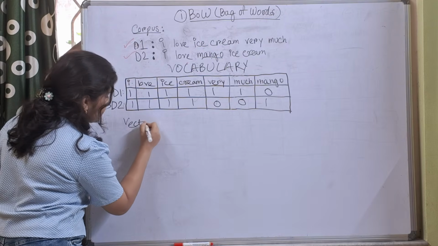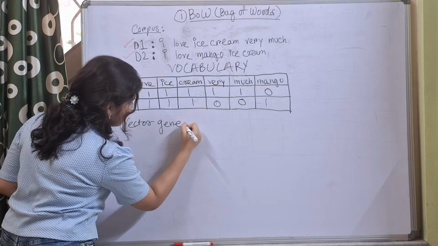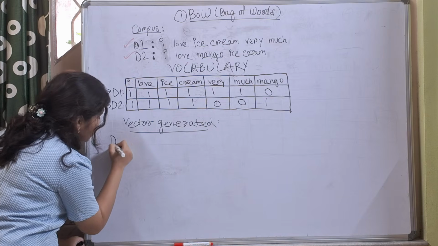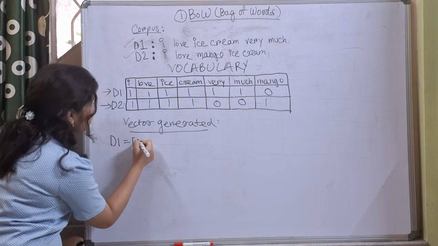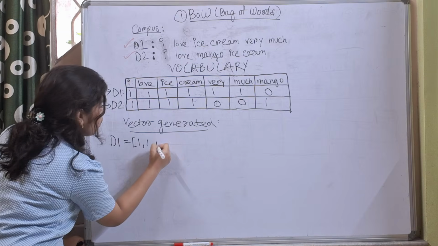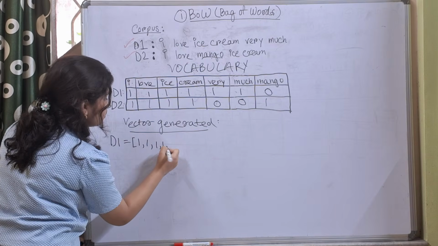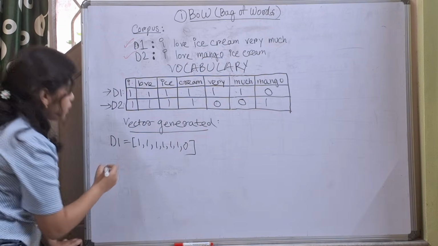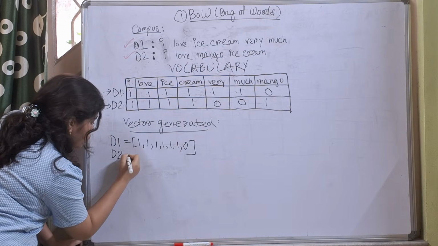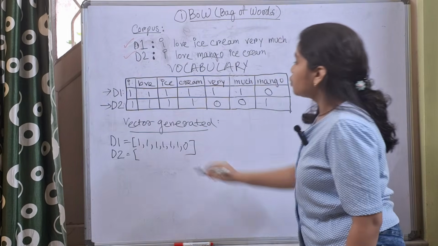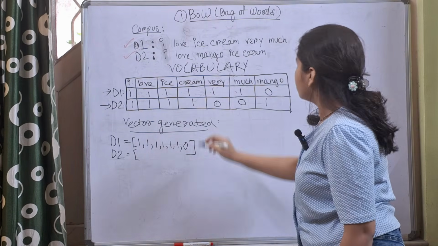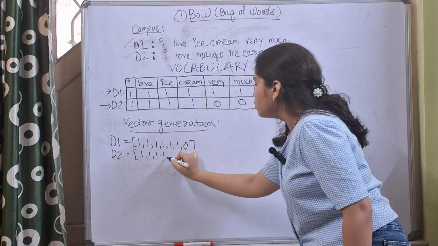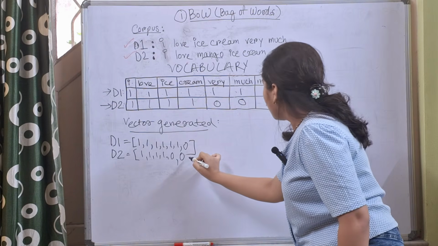So we can write the vector generated for document 1 as 1, 1, 1, there are 6 ones, and 1, 0. So this is our vector for document 1, and for document 2, our vector is going to be 1, 2, 3, 4, 1, 2, 3, 4, then 2 zeros, and then again 1.